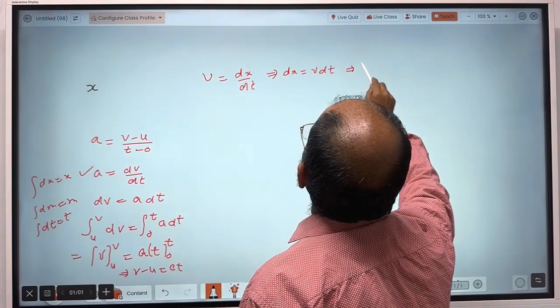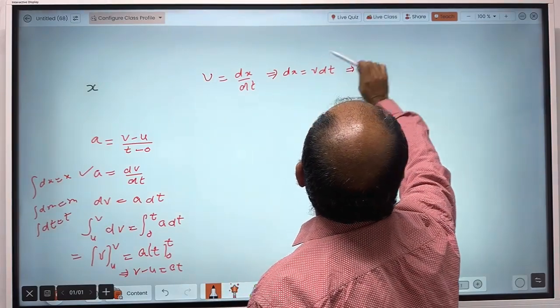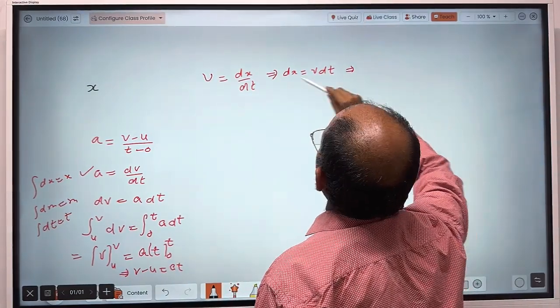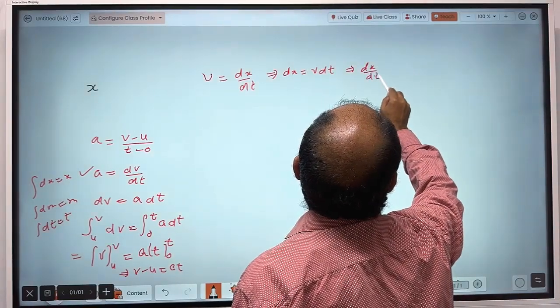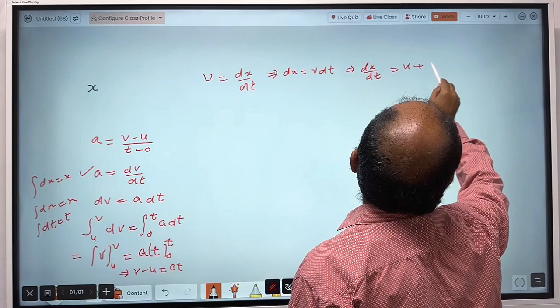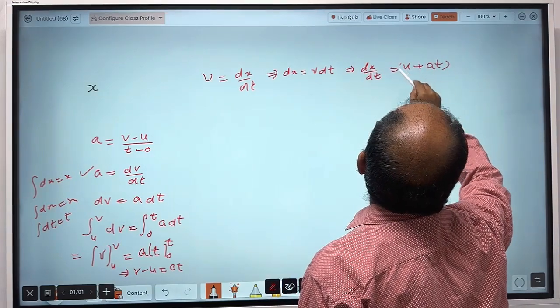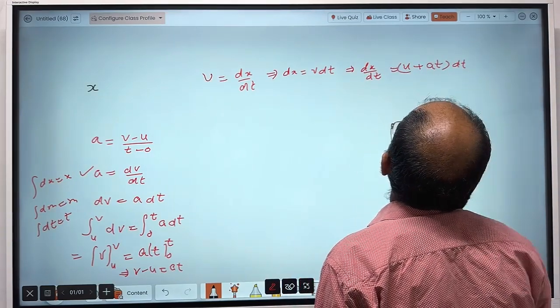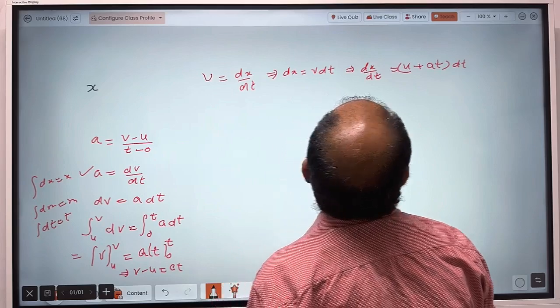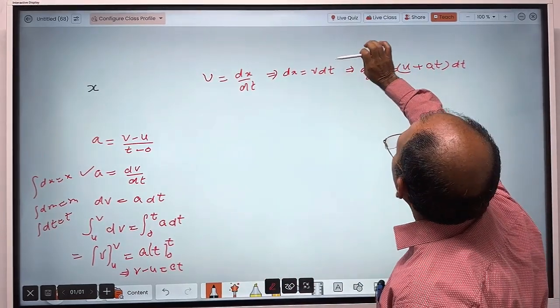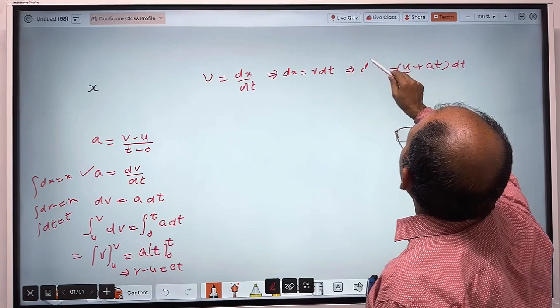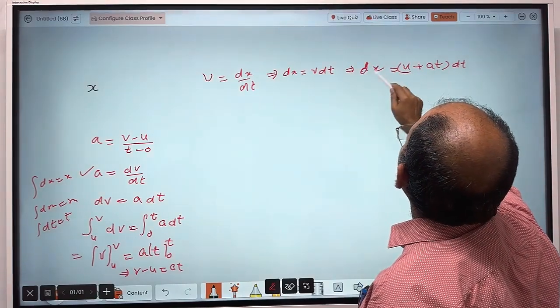So we can write dx by dt because our concern is to get x. So dx upon dt equal to u plus at. Sorry, I have written dt additionally, so just write dx.